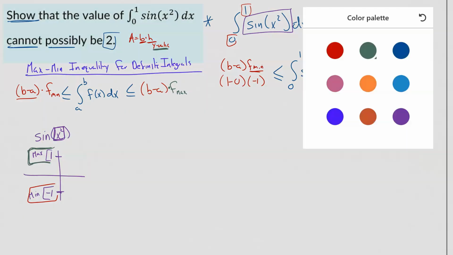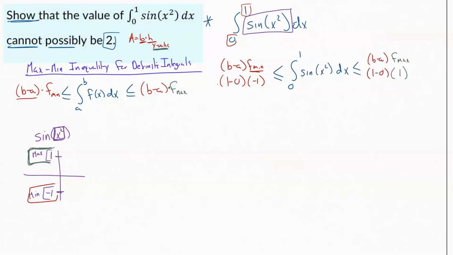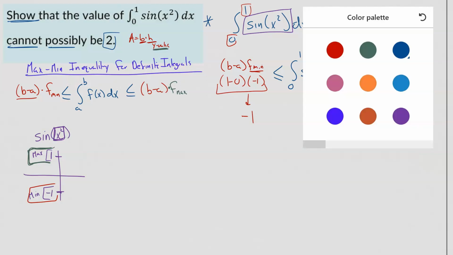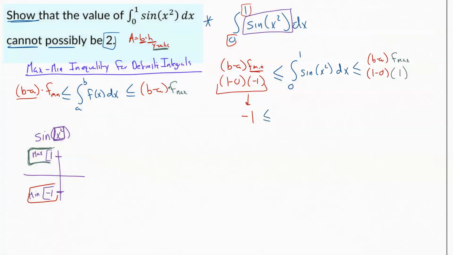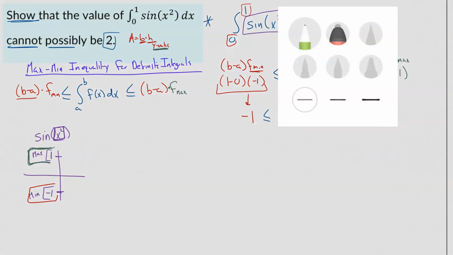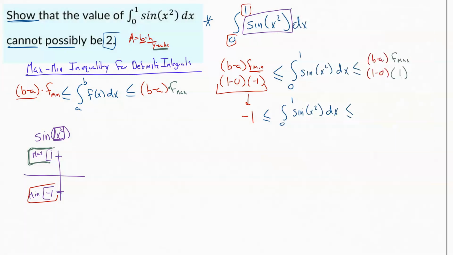So if we clean all of this up, the smallest this could be is -1, and our integral has to be bigger than or equal to that. And then the largest it could be is, on the other side, 1 minus 0 is 1 times 1 gets us positive 1.